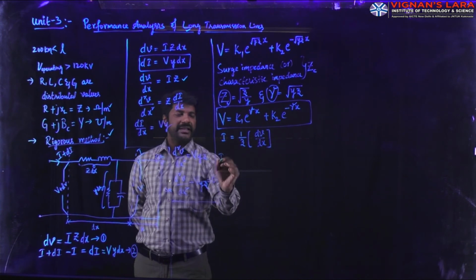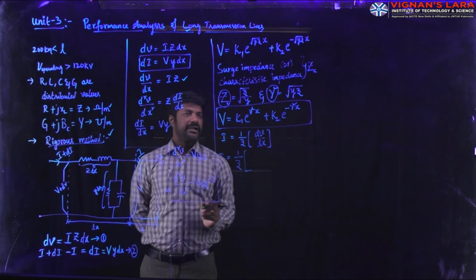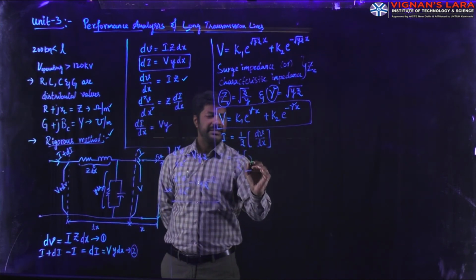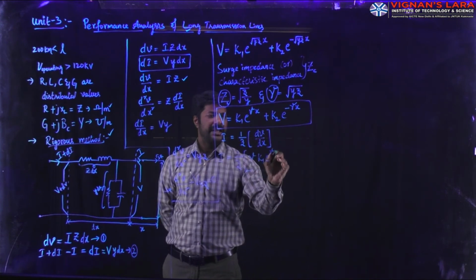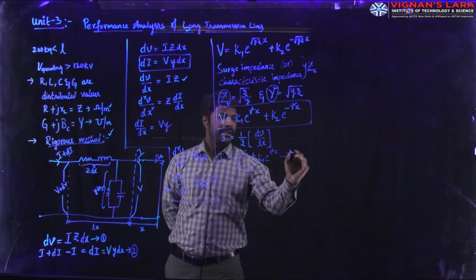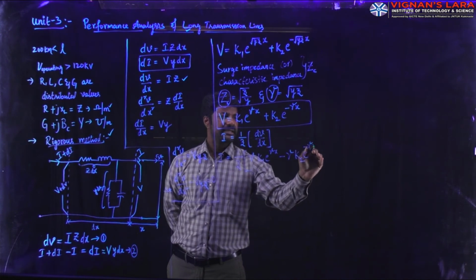Then what we get is I is equal to 1 by z of gamma K1 e to the power gamma x minus gamma K2 e to the power minus gamma x.